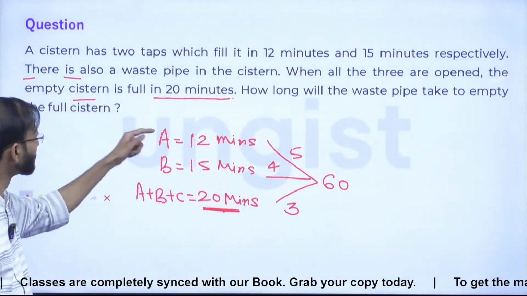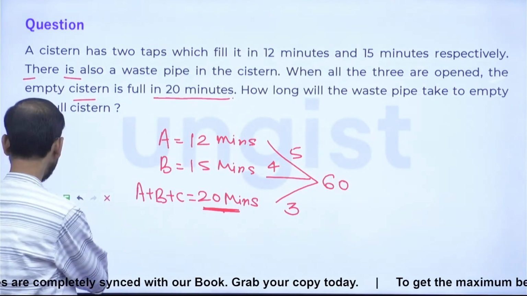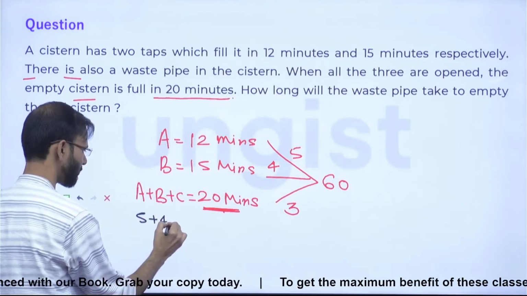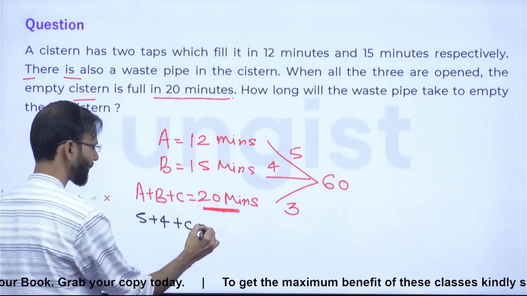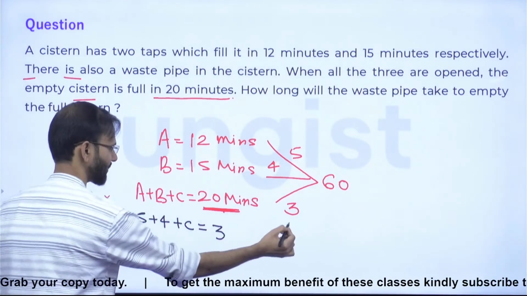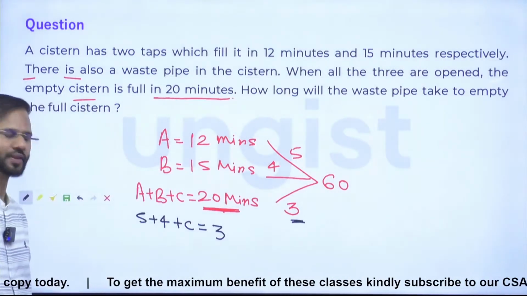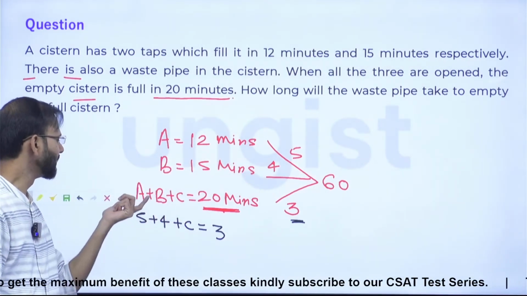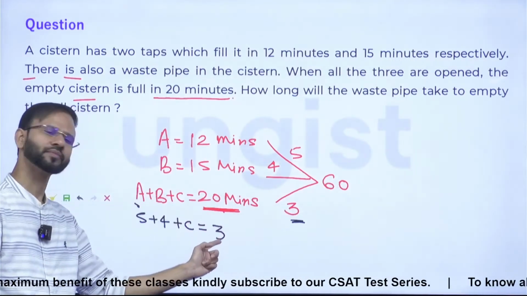Now, if you put the value of A, B and C, I am just putting the value here. A is equal to 5, B is equal to 4, C we don't know, but the sum is coming as 3. Yes or no guys? So A plus B plus C is equal to 3.